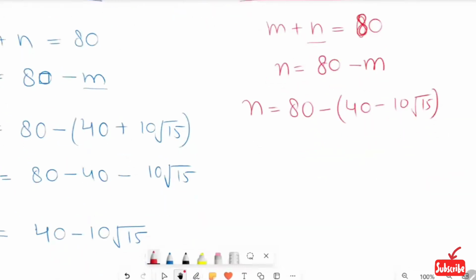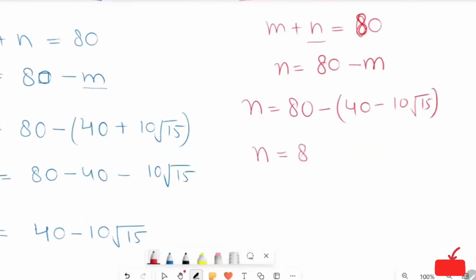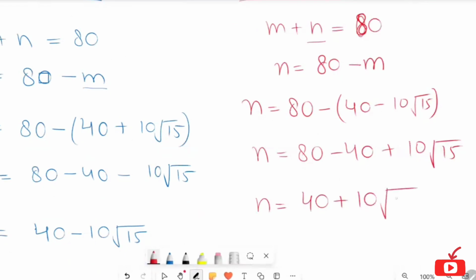As I solve this, n is equal to 80 minus 40 plus 10 root 15. Now here n is equal to 80 minus 40, which is 40, plus 10 root 15. So this is our n value when the m value is negative.